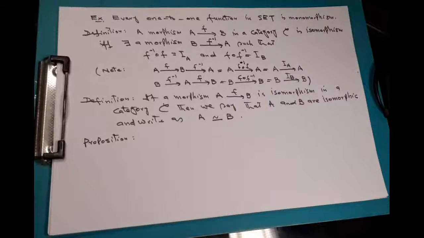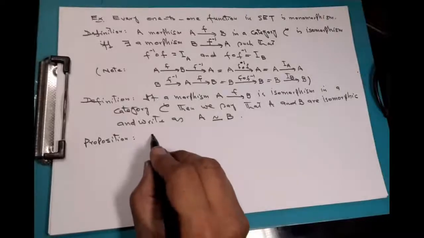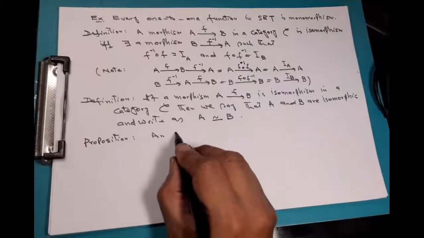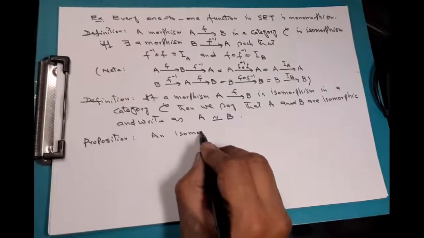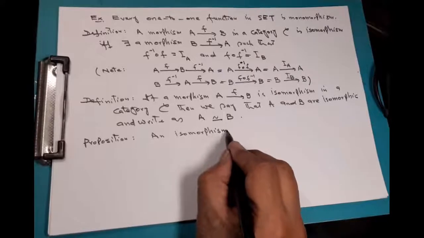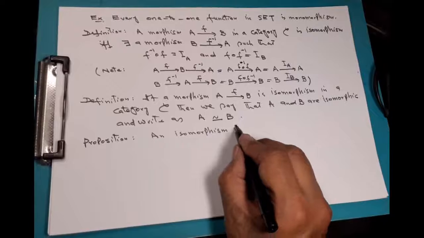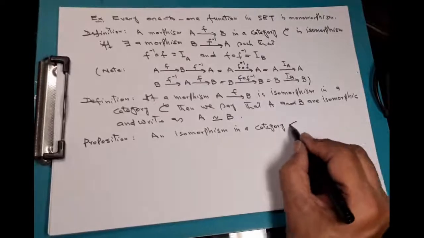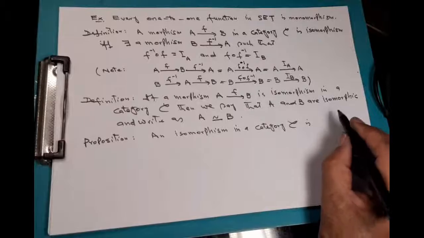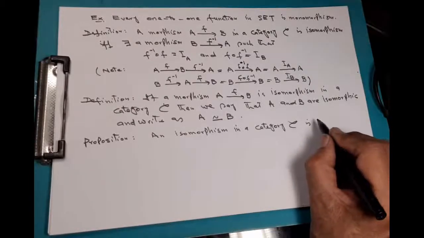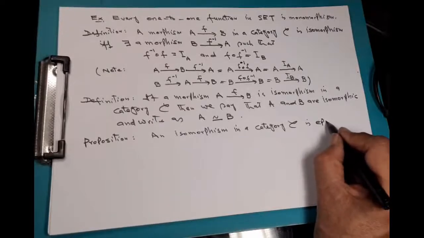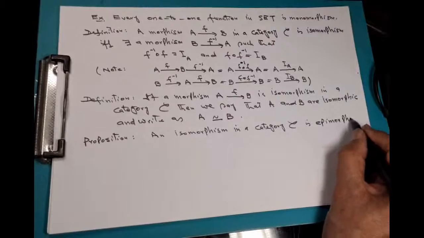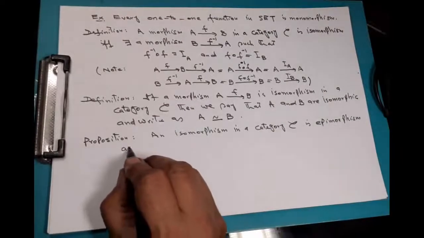Proposition says that an isomorphism in a category C is epimorphism as well as monomorphism.